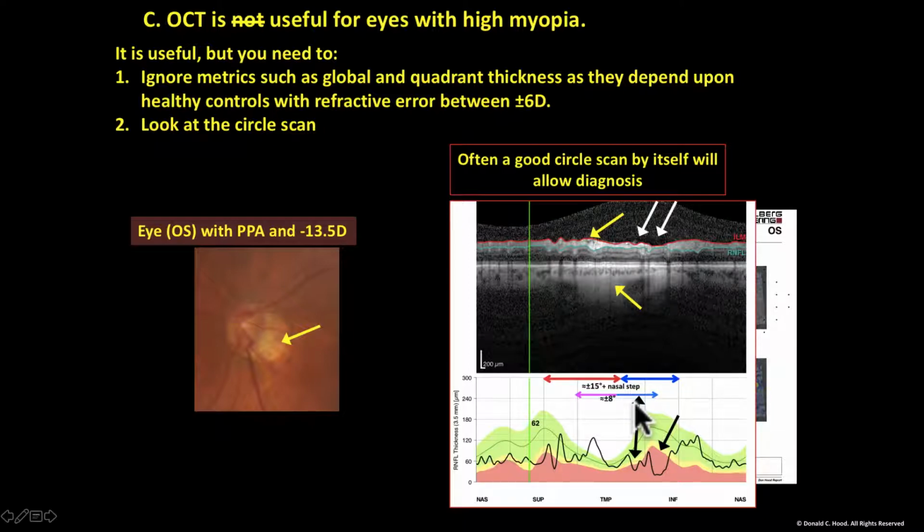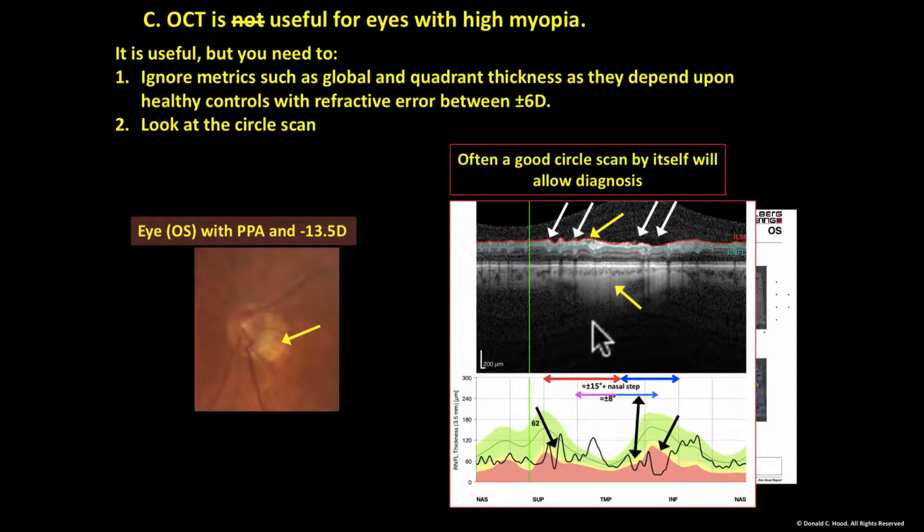So I don't need anything other than this to say that this eye has optic neuropathy that's affecting the macula as well as the region outside the macula. It's also affecting the upper disc or lower visual field.